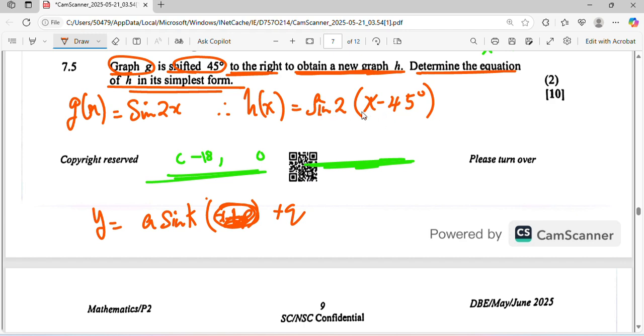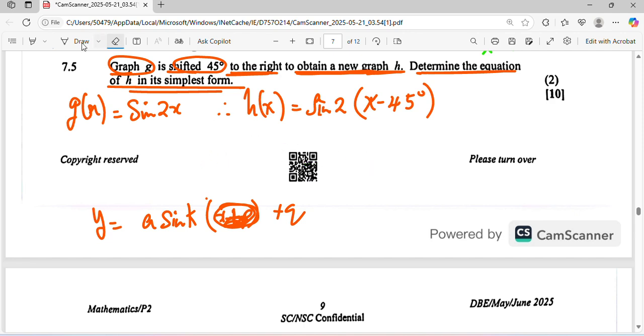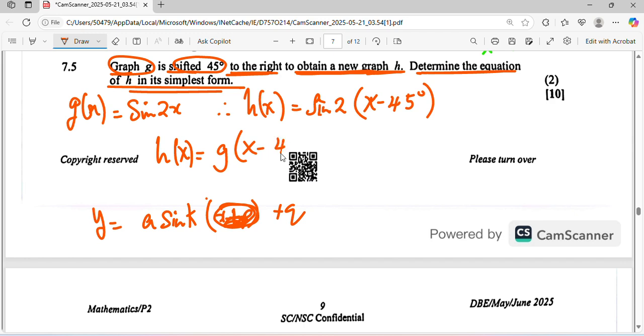You're going to say sine 2, and then in the brackets where you see x, because you can actually view this transformation like this: h of x is g of x minus 45 degrees.